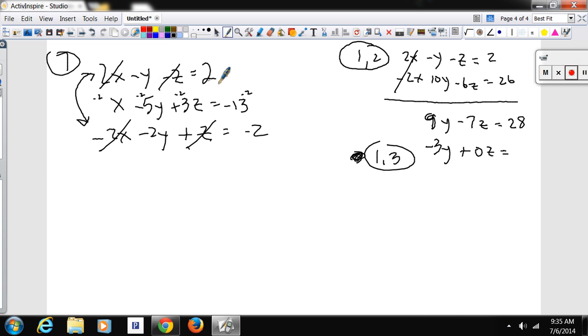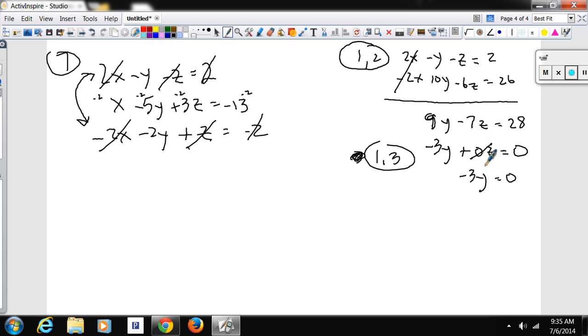And let's see, 2 and negative 2, those cancel out also. And you're going to get 0 there also. So basically you're going to get negative 3y equals 0.